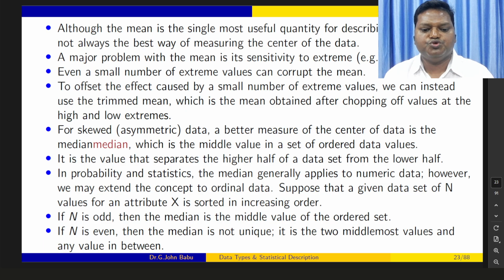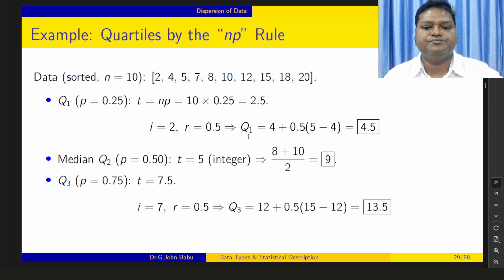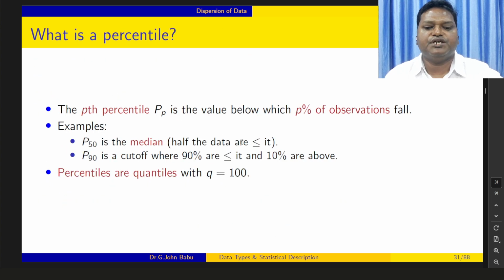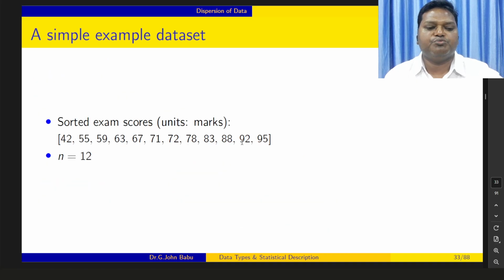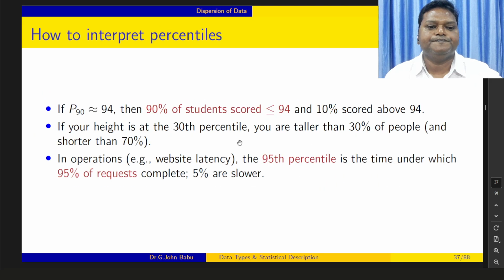Let me show you that. So this is the quantile where you have divided into 25%, 50%, and 75%, and this is your median, and we can calculate them. Percentile divides the data into 100 parts and locates its position, so that you know who is behind you and who is ahead of you. Suppose some person got 90 percentile, and he got 94 marks.